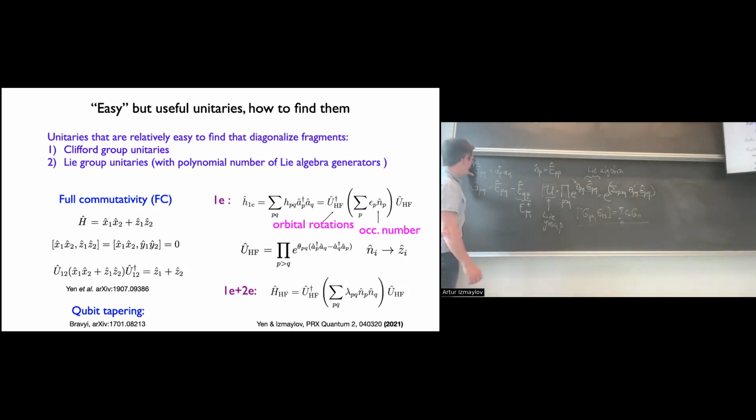What is well known is that these E_PQs form a Lie algebra with this kind of commutator relation that I think we discussed at some point: the commutator of E_PQ with E_RS equals delta_QR E_PS minus delta_PS E_RQ.